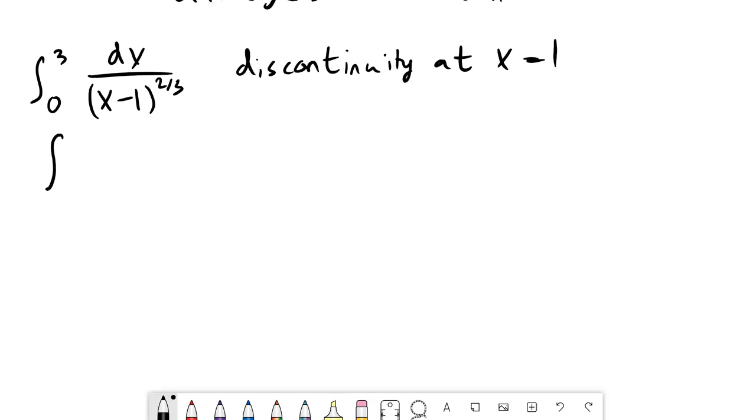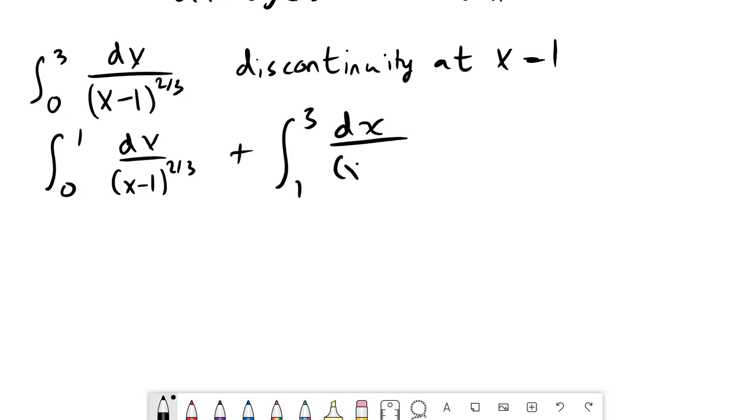What I'm going to do is break this up all the way up to the discontinuity, and then add from that point to the rest of it, right? We approach it the same way we would approach any endpoint discontinuity problem.